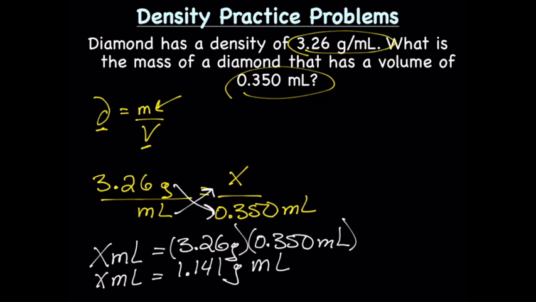All right, so what I did to get this number was to multiply these two, right? So now what we need to do is get the X by itself. So I'm going to divide both sides by milliliters, leaving us with a mass of X equals 1.141 grams.